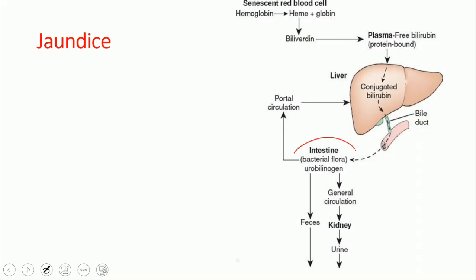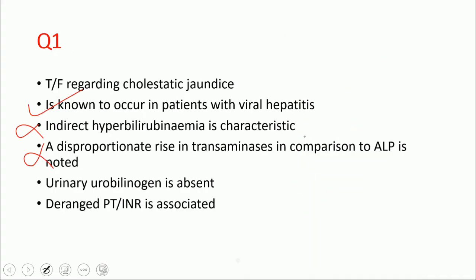So if there is a cholestatic disorder, obstruction or bile not moving, then they cannot form urobilinogen. If you check their urinary urobilinogen, that will be absent.